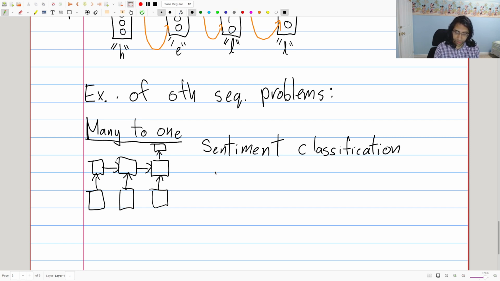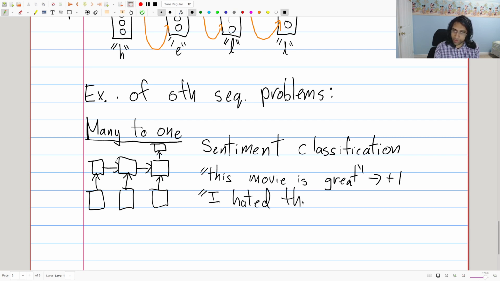just as we've done before. So just to give you an example of what sentiment classification is, it could be like this. "Movie is great." Well, this would be a positive sentiment. And also you could say, "I hated this movie."